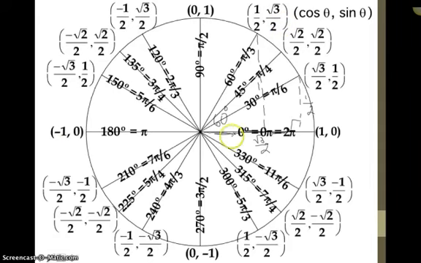As I move around the circle, notice that I have those exact same ratios all the way around, but because x is negative in quadrant 2, all my x values are negative. Then in quadrant 3, x is negative and y is negative, so both are negative. And then here, x is positive and y is negative, and I see that reflected in all of these ordered pairs.